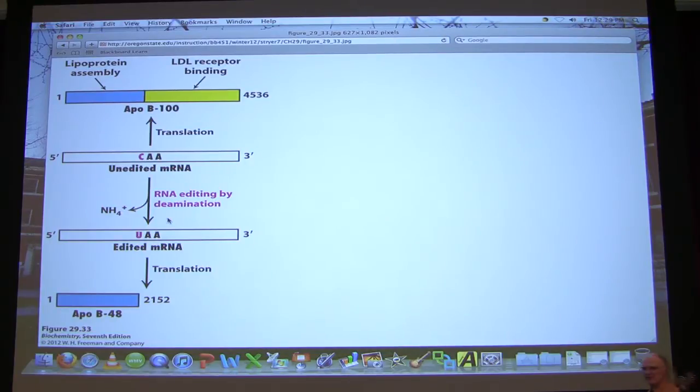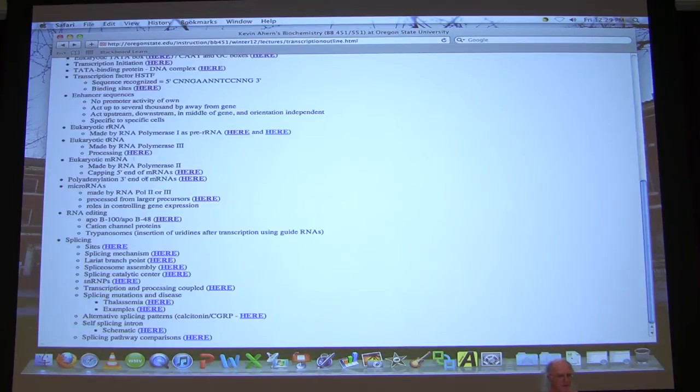So you might have a sequence CGG, and this would come along and make it a CAGG or CAGAG, right? This editing is bizarre, I'll be honest with you, but it's necessary for the proper synthesis of protein. The term RNA editing is also used to describe that process. So that's why I'm not totally fond of using this term editing. Okay.